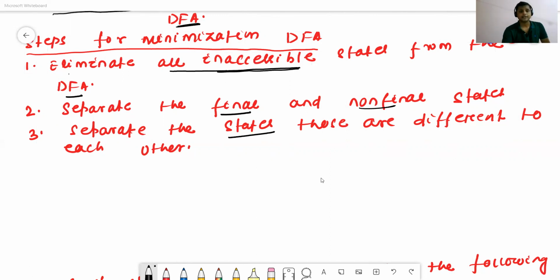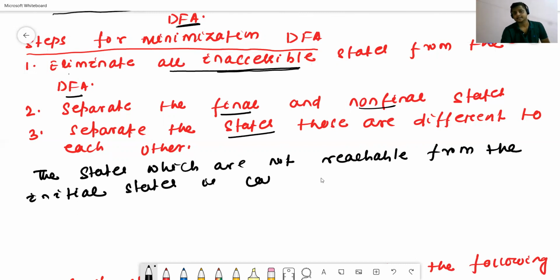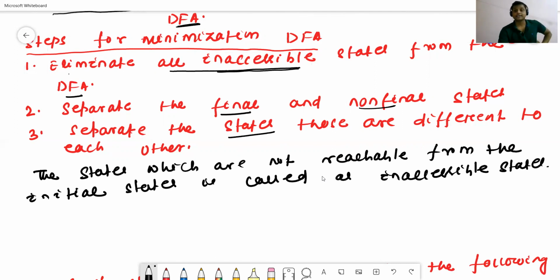Eliminate means the states which are not reachable from the initial state.